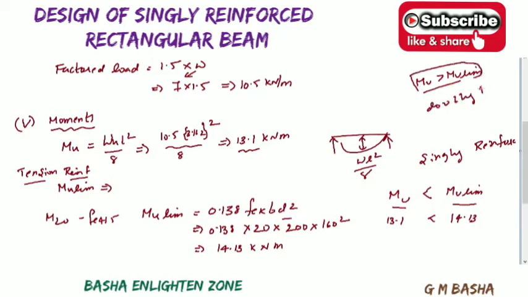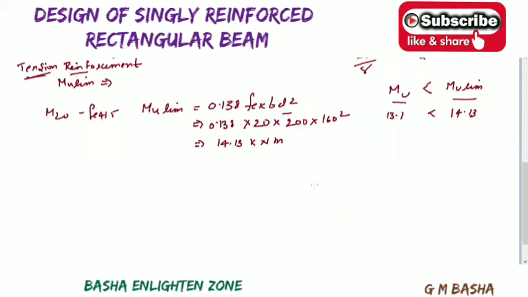That is the procedure for checking whether to go for singly or doubly reinforced beam design. And after that, go for the tension reinforcement. I will show you that also.